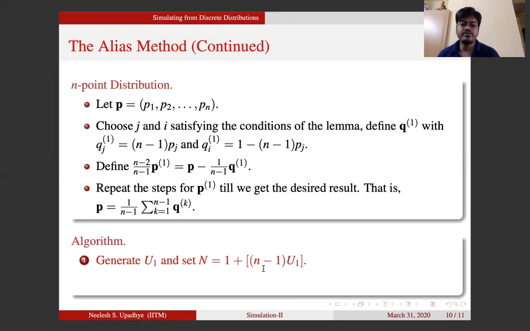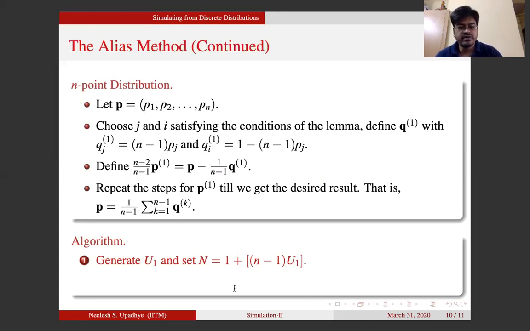I want a probability distribution on 1 to n minus 1. So I will add 1 to it. So my n is equal to 1 plus (n minus 1) times u1. So this is a simulation of a discrete uniform probability distribution.